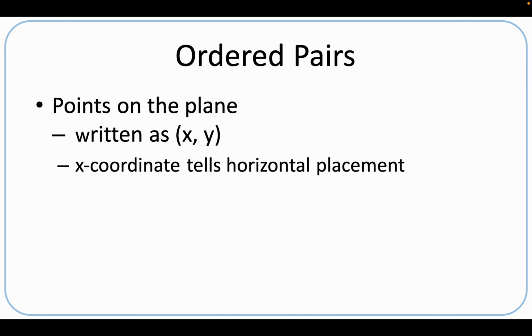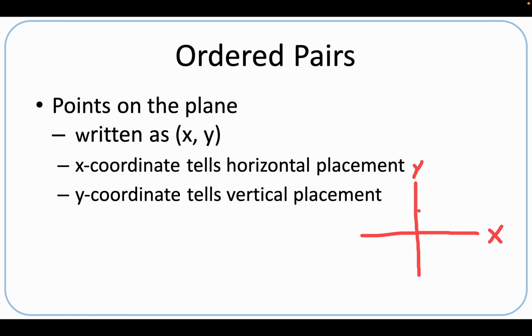The x coordinate tells your horizontal placement, meaning where the point is going to be left or right of the y-axis. Reading from left to right, moving forward, our numbers are getting bigger. If we went backwards, our numbers are getting smaller, the negative numbers.